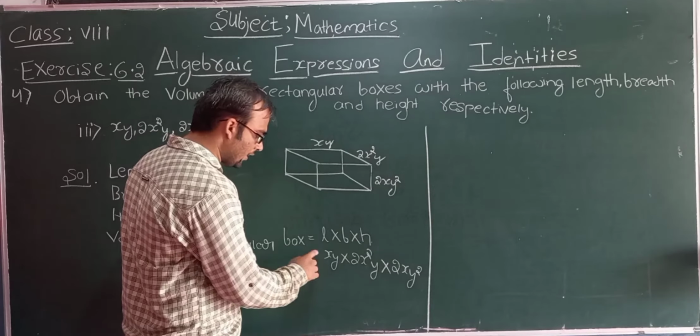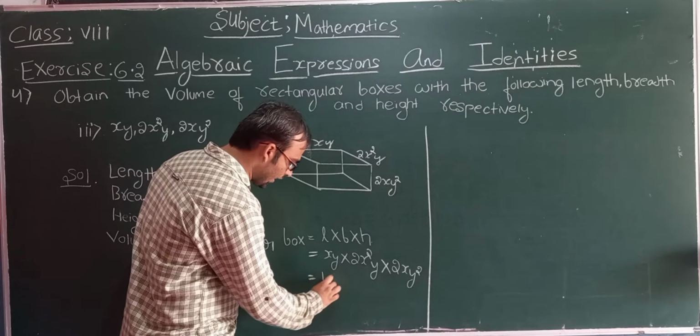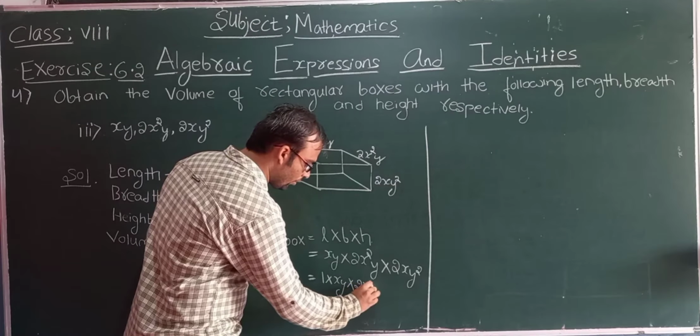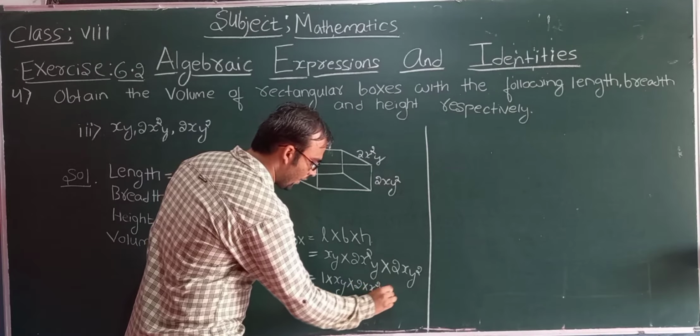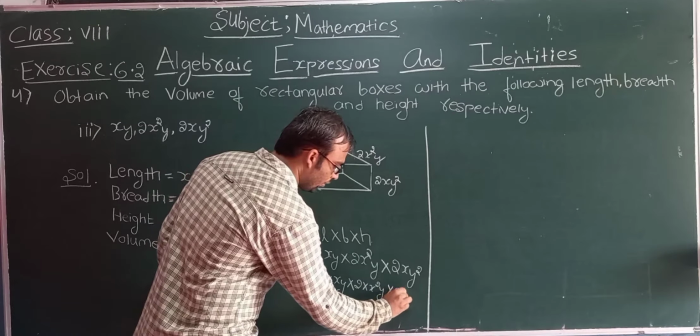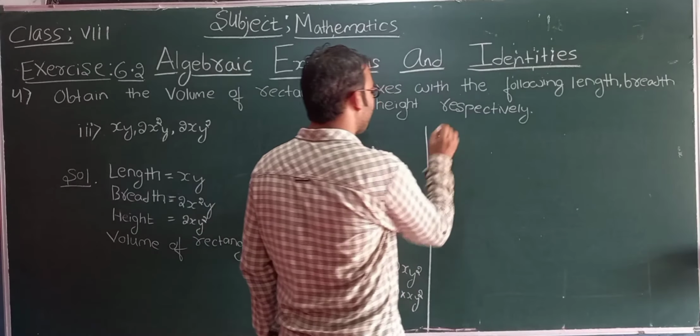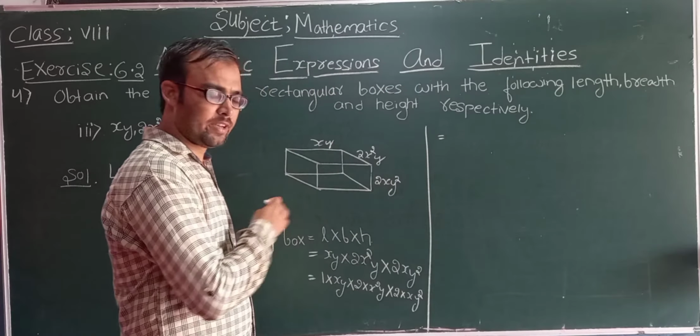Okay, so here nothing is there means 1 will be there, so you can write like this: 1 into xy into 2 into x square y into 2 into xy square. Now we'll group numbers one side and variables one side.